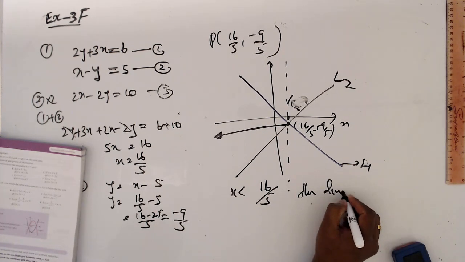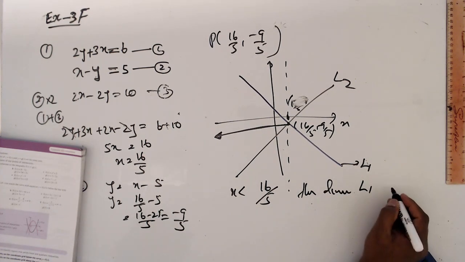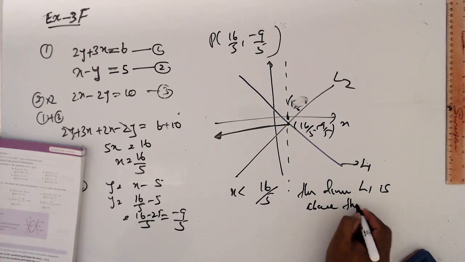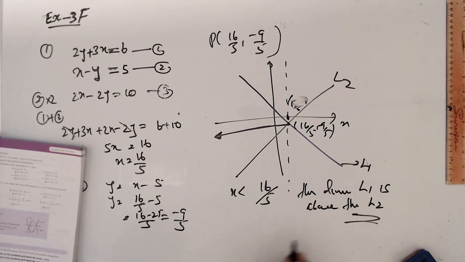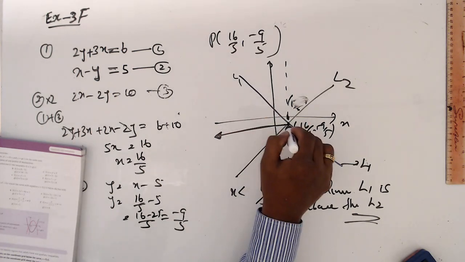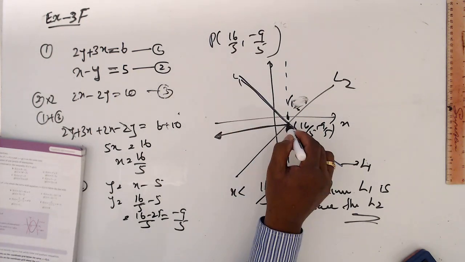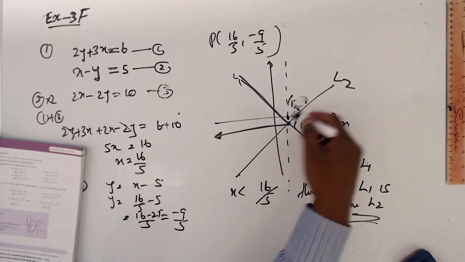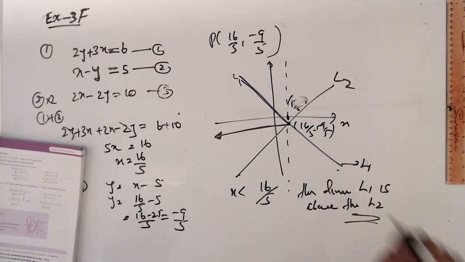The line L1 is above the L2. You can see here L1 is above up to here and L2 is below. But from this point onwards, L2 is above and L1 is below.